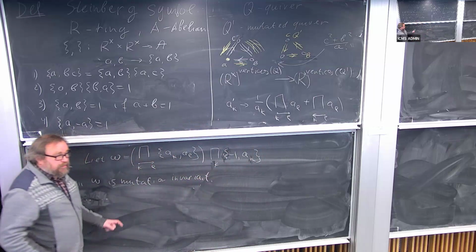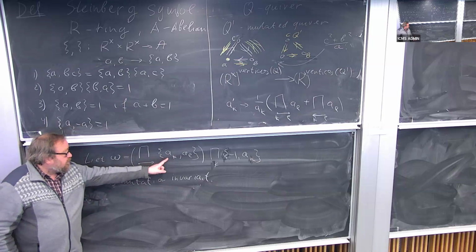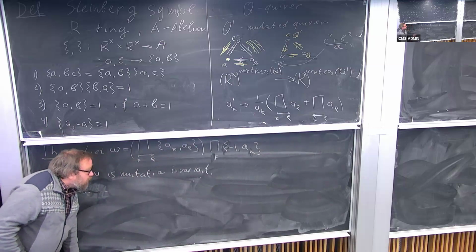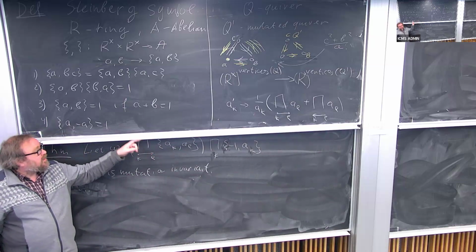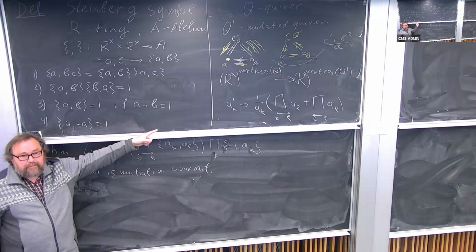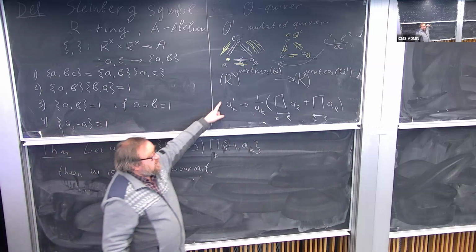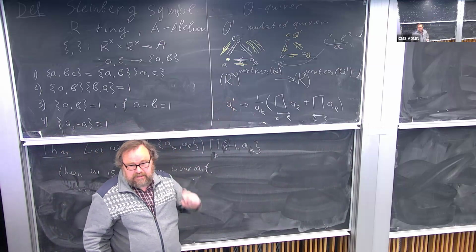So it means that you compute this expression for Q and Q prime, and you change your variables accordingly, then this expression doesn't change.